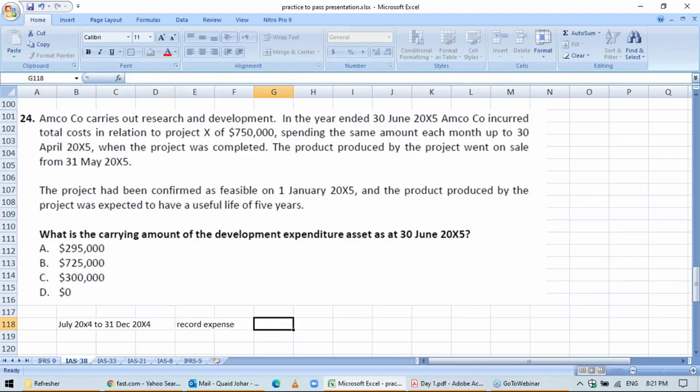This goes to profit and loss account as an expense, 75,000 into 6 months. Then from January 2005 to 30th April, 4 months, when the project is completed, means the commercial production would have started. So capitalize. You have capitalized 75,000 into 4 months.